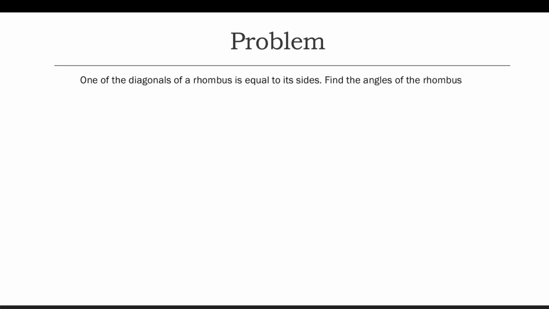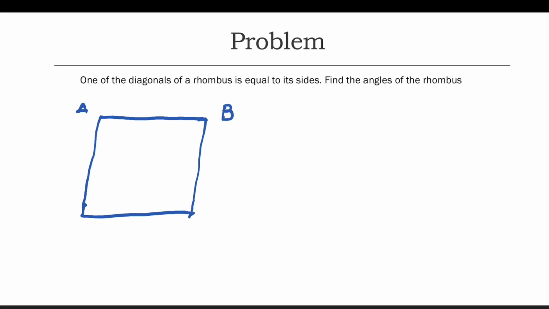One of the diagonals of a rhombus is equal to its sides. Find the angles of the rhombus. Now, this might look like a one line problem, and it actually is if we think about it properly. So what is a rhombus?